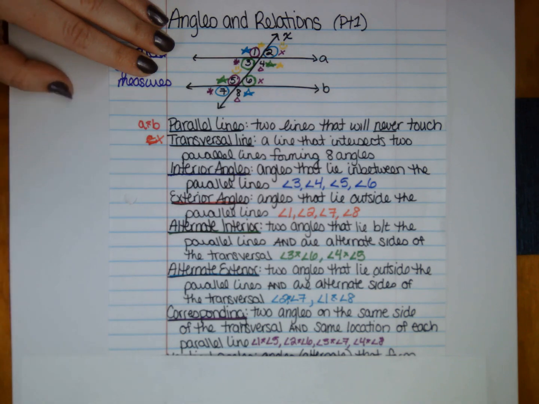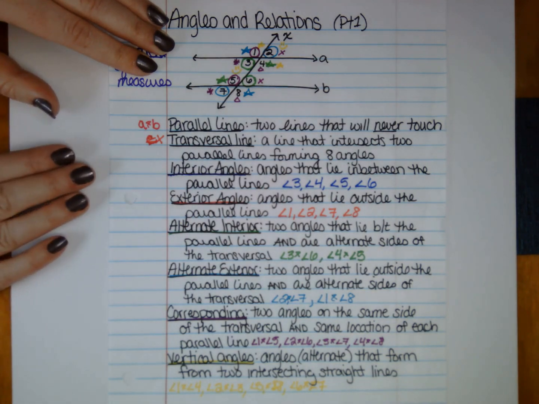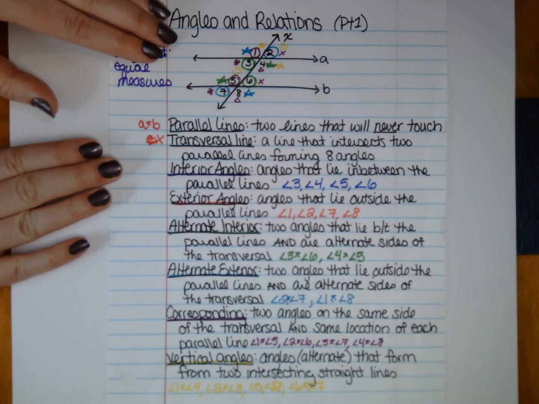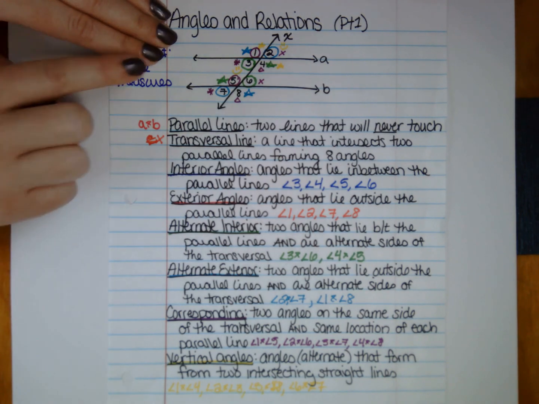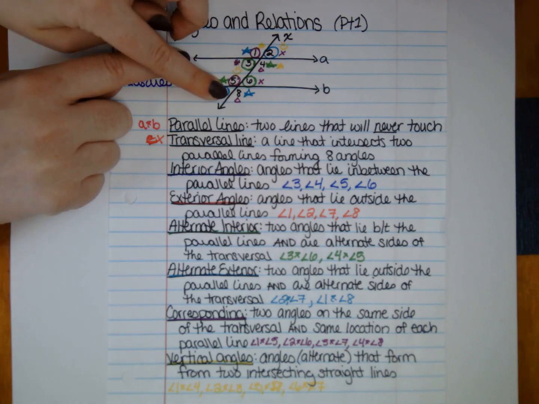The last vocab term for this lesson is vertical angles. When we talk about vertical angles, they are angles that are opposite each other, formed from two intersecting straight lines. So we look at an individual parallel line and the transversal that cuts through it.